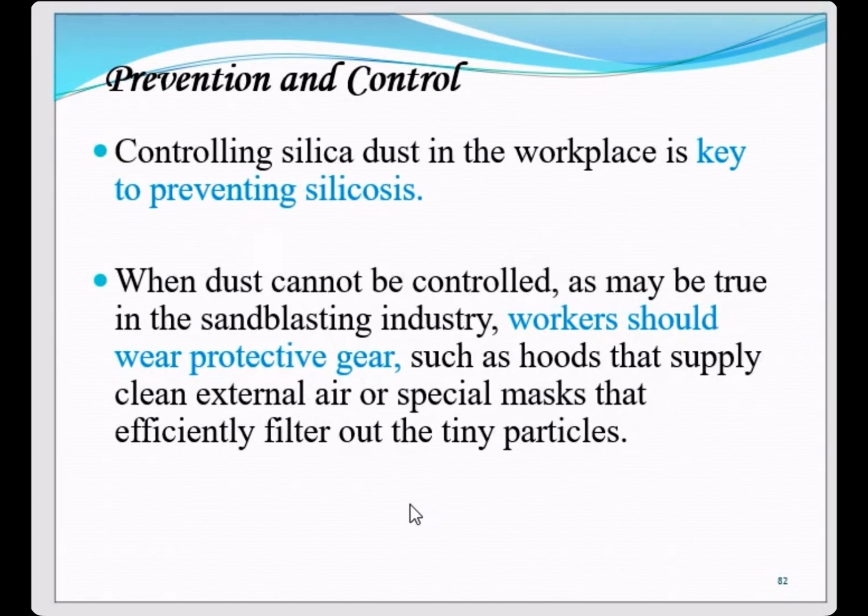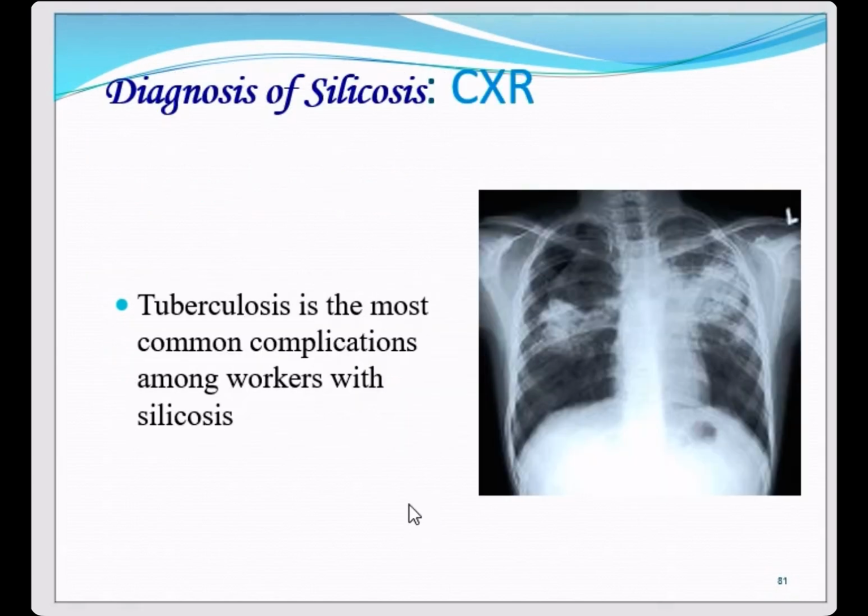So when we diagnose a silicosis patient, the X-ray is very helpful. At the same time, you have to distinguish the silicosis patient from the cancer patient, because lung cancer patients can also have nodules. A very important thing is that you should ask the patient about occupational exposure.